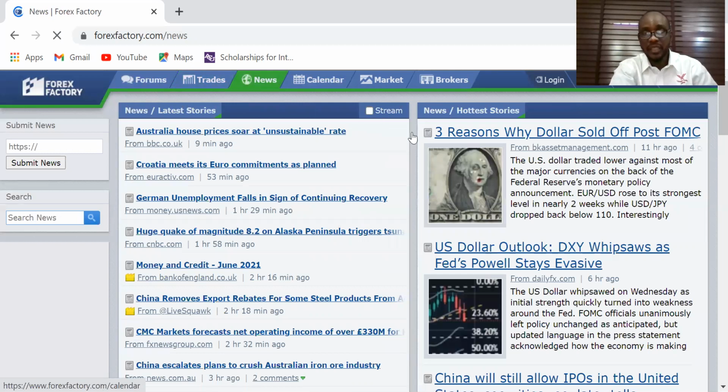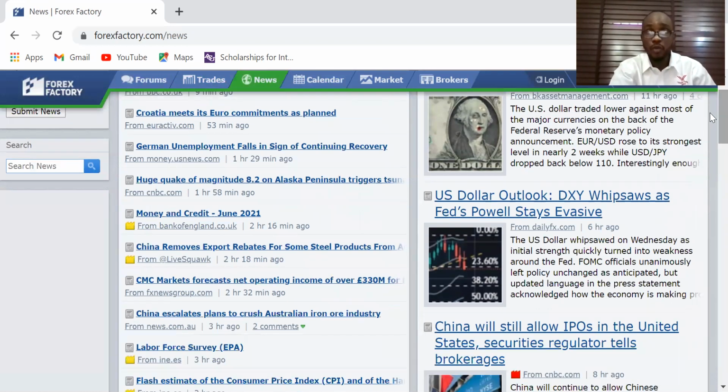Here in the news, you get to see a lot of news. This has to do with USD. Remember, USD affects every other currency of the world, so you get to see a lot of them. If you are trying to trade fundamentals, that means the fast movement of market price, either upward or downward, due to news from major world leaders, then you should be looking out for news to know what the world leaders are talking about.